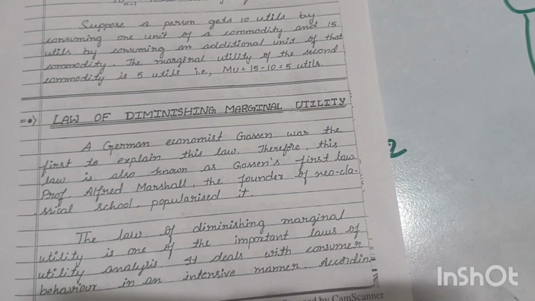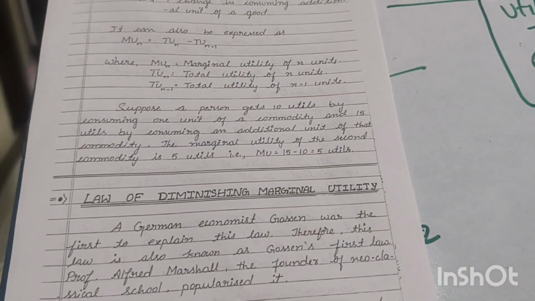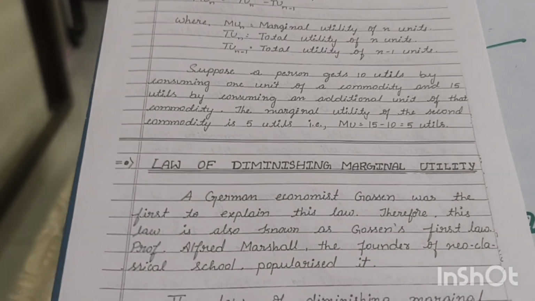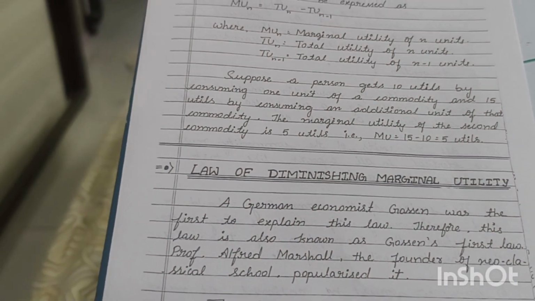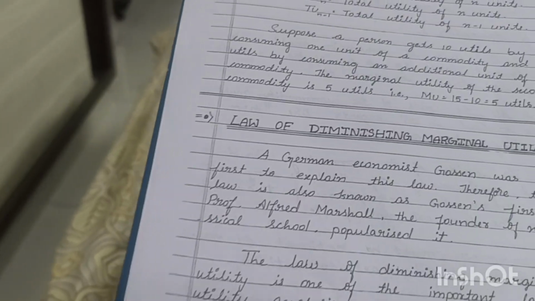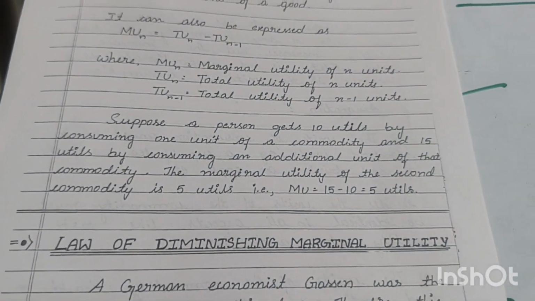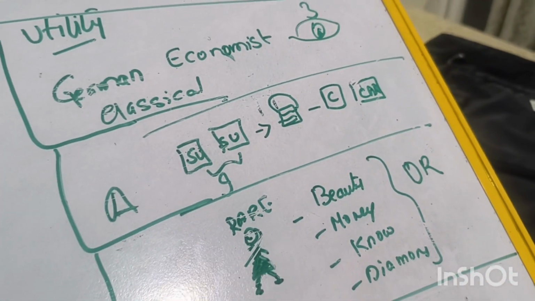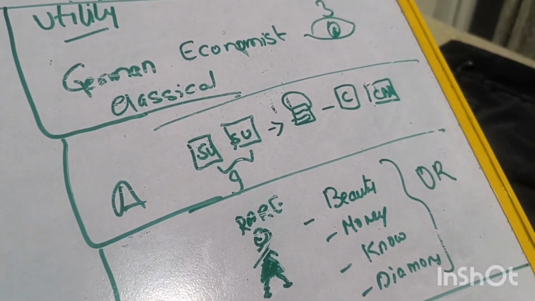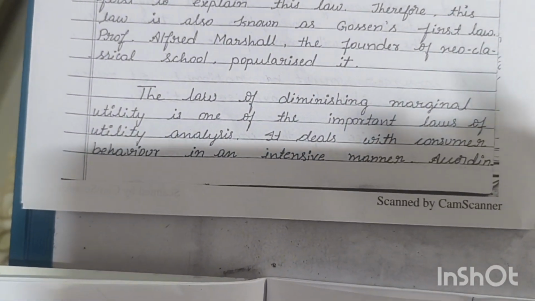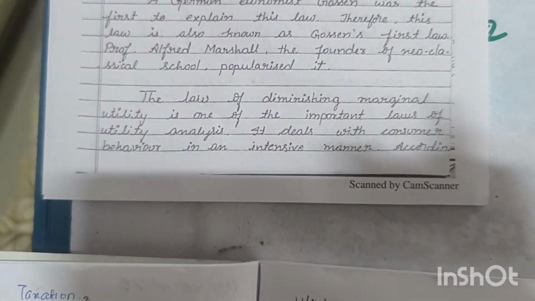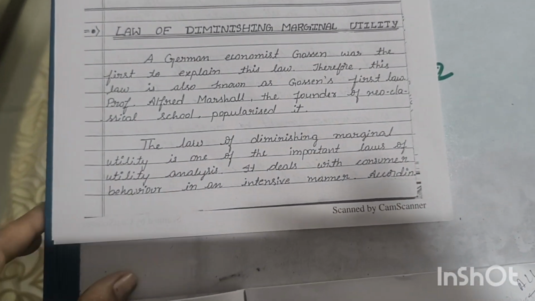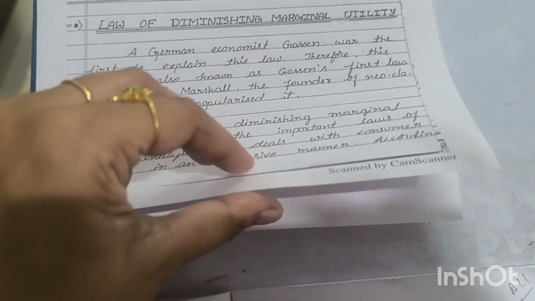After this, you have to remember the 3 I's. You can draw an eye and write 3. So what is that? The law of diminishing marginal utility is one of the important laws, and it deals with consumer behavior in an intensive manner.